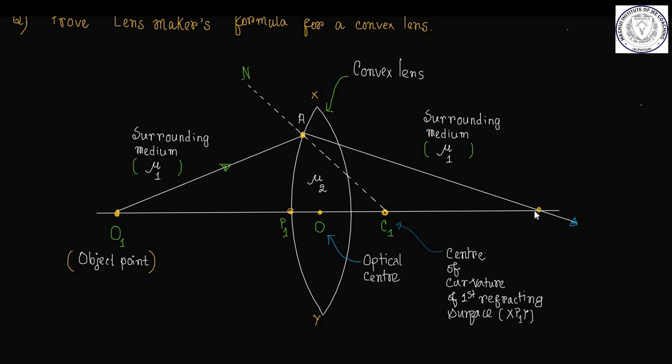This refracted ray will form a real image at the point I1 on the principal axis of the lens.